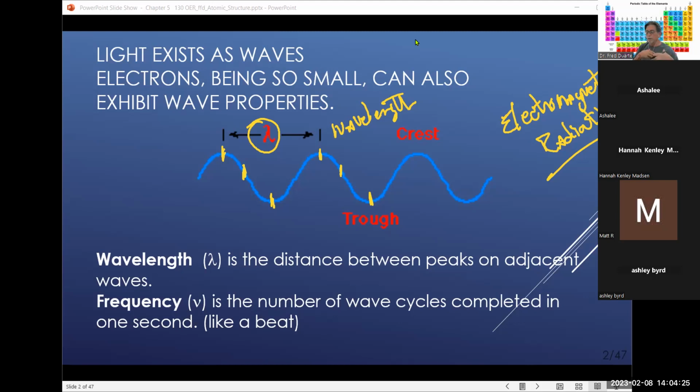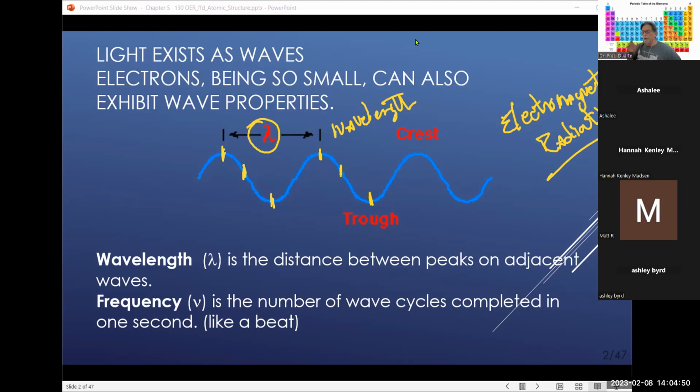You can take your heartbeat, count the beats over a minute, and break it down to how many heartbeats per second. So a frequency is how many wavelengths can go through in a specific time of 1 second.